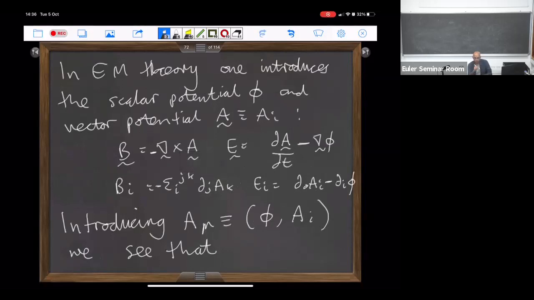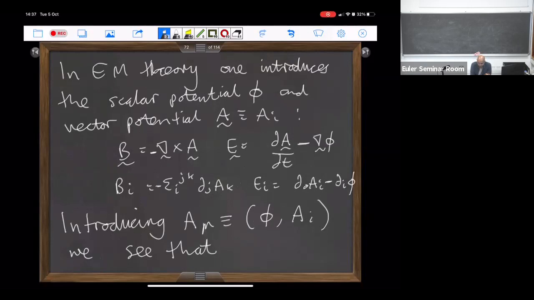Now, in electromagnetic theory, one introduces the scalar and vector potentials, phi and A i. And they're given by derivatives. With those, you can construct the electric and magnetic fields.